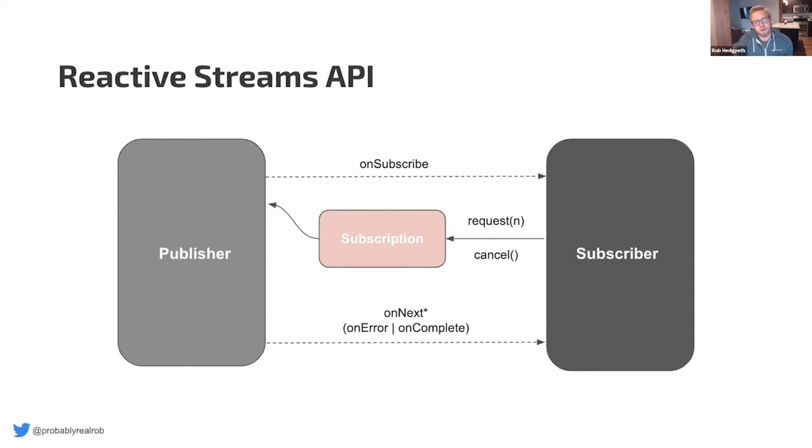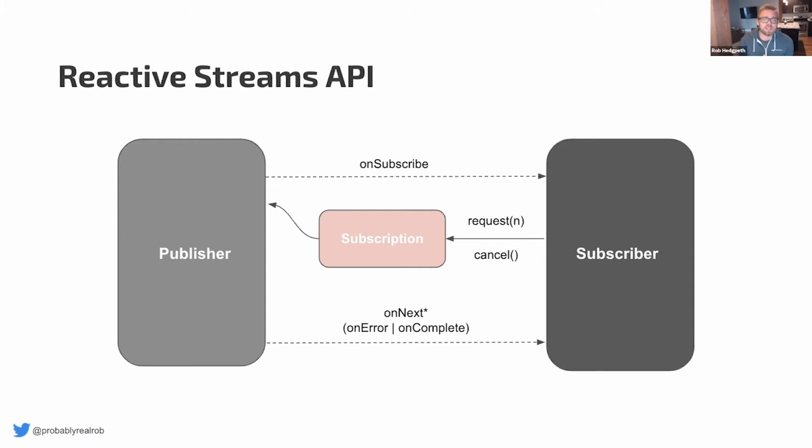But ultimately, we need a solid specification or even API to really be able to do that. Now, I'm not going to dive into the intricacies of Reactive Streams itself, other than to highlight a couple of areas which are extremely important. I mean, it's all pretty important, but there are a couple of things that we're going to be using specifically in the demonstration that we want to key in on, specifically around backpressure.